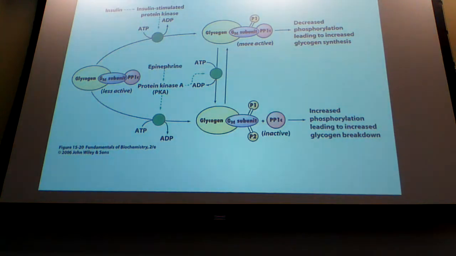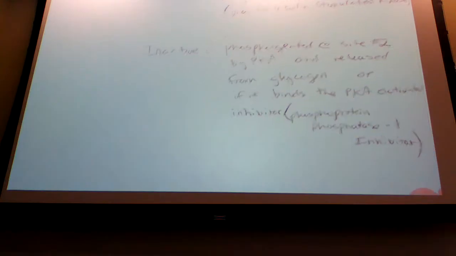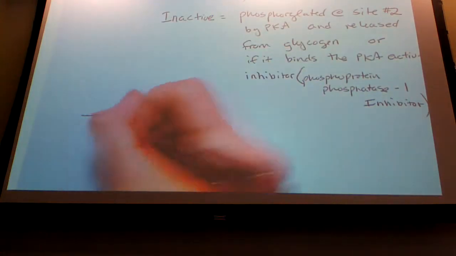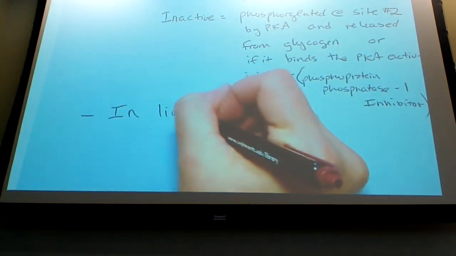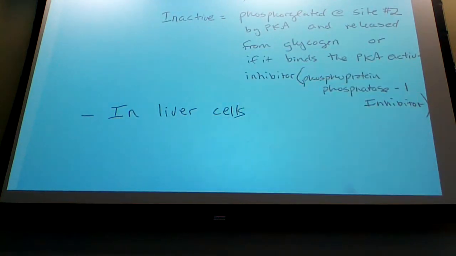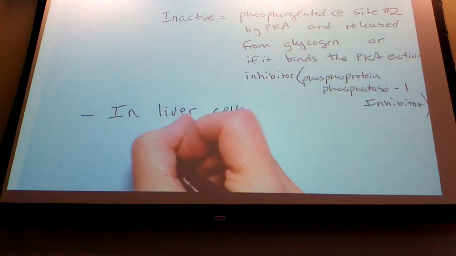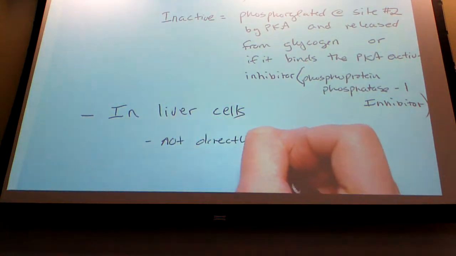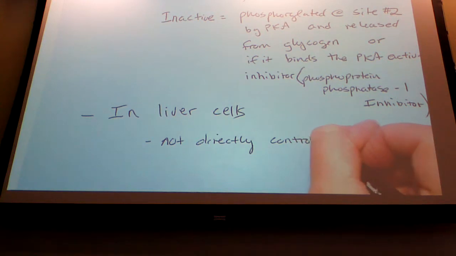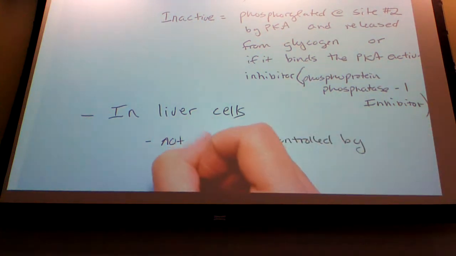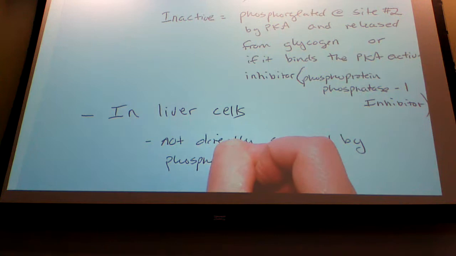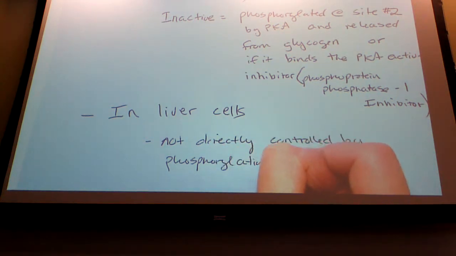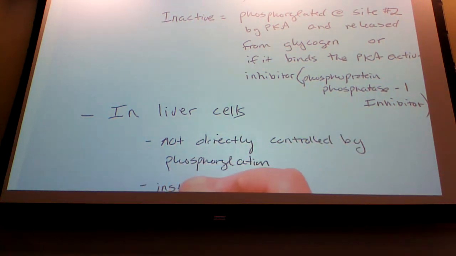Okay. This is different in liver cells. So in liver cells, this is not directly controlled by phosphorylation. Instead, primarily through use of the inhibitor.